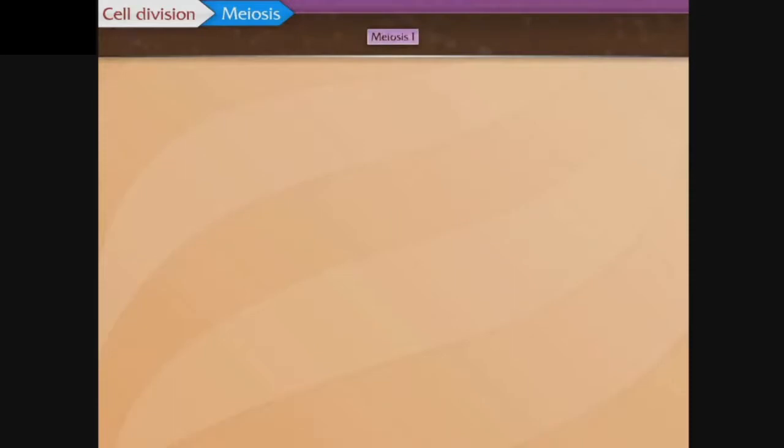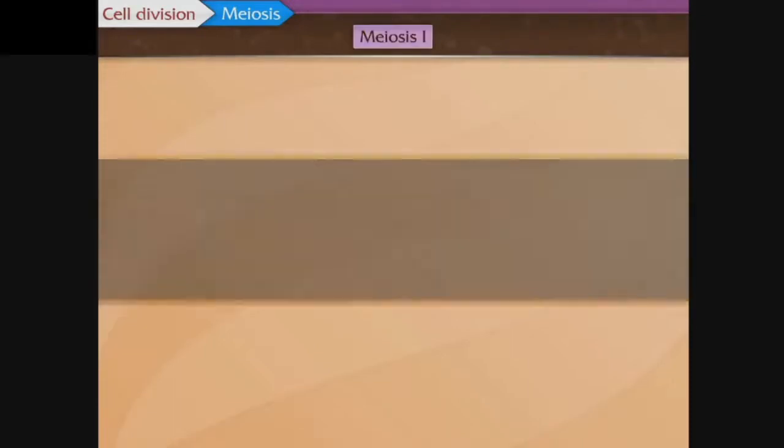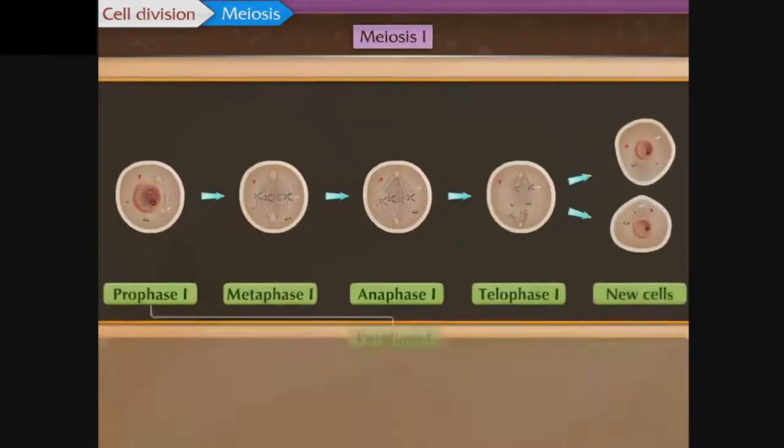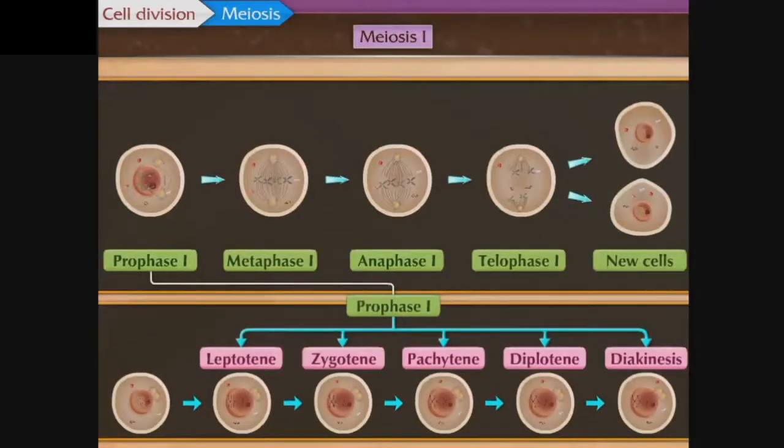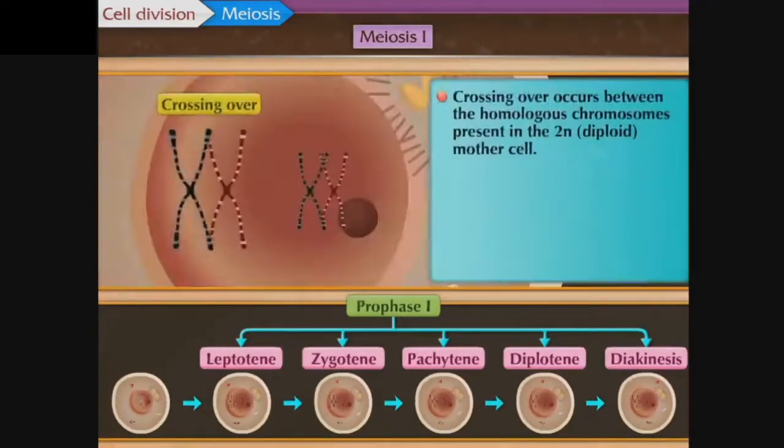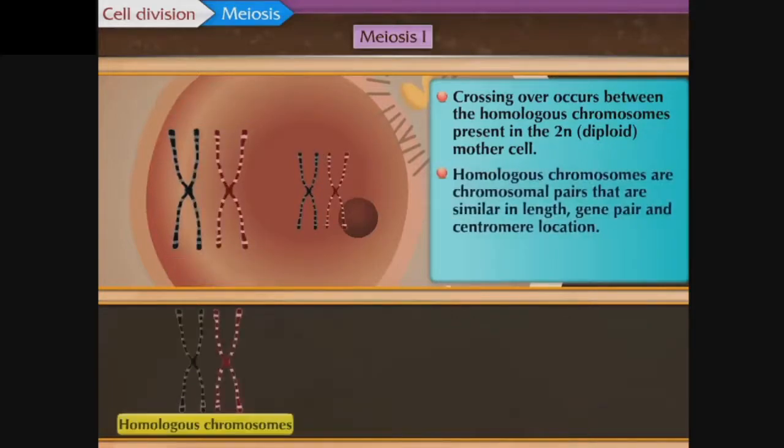Meiosis 1. This process completes in several steps. During this cell division, crossing over occurs between the homologous chromosomes present in the 2N, that is diploid mother cell. Homologous chromosomes are chromosomal pairs that are similar in length, gene pair, and centromere location.